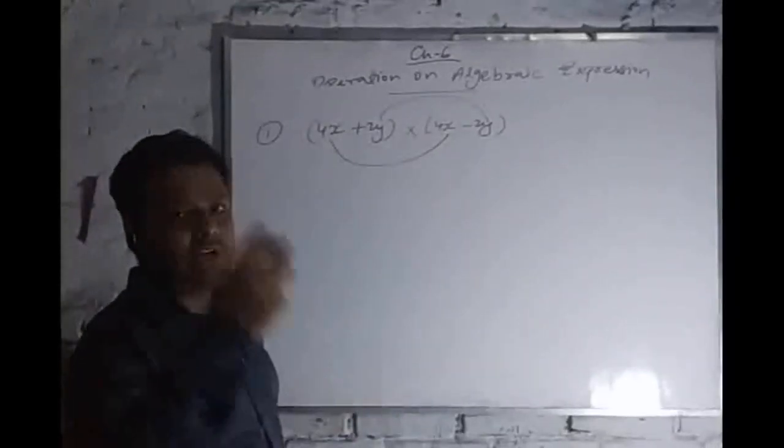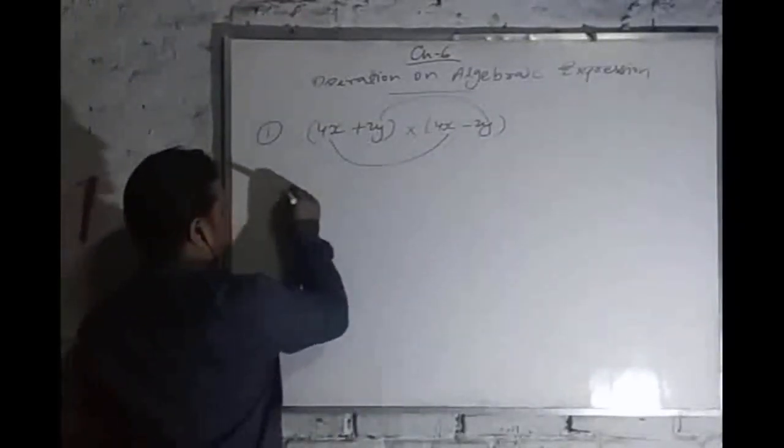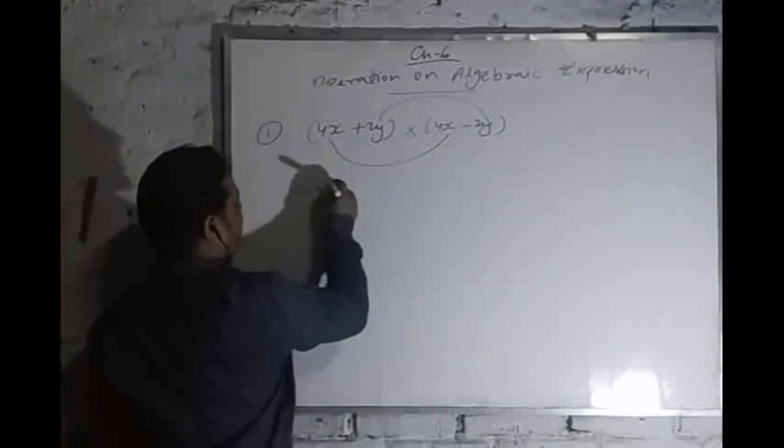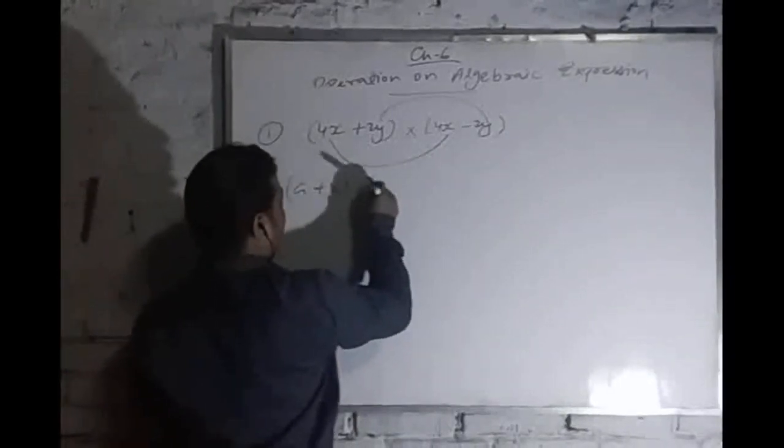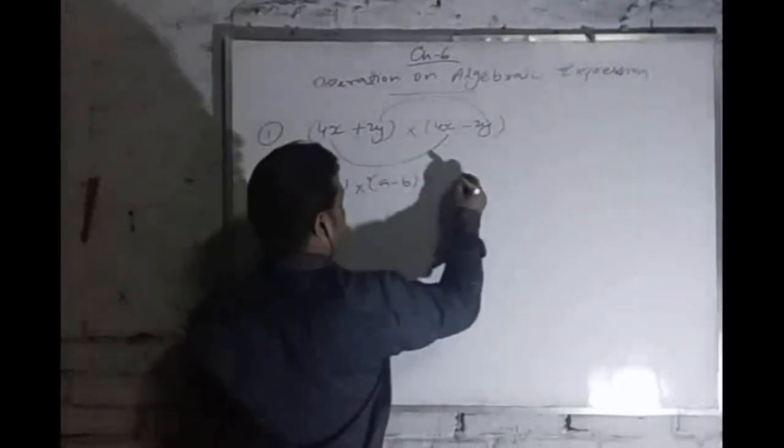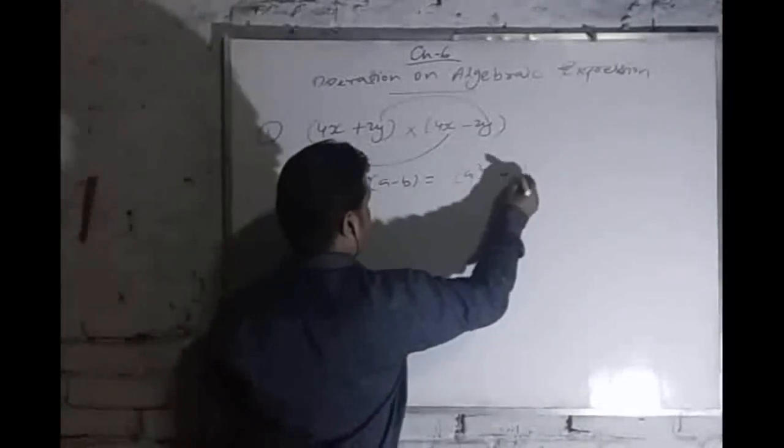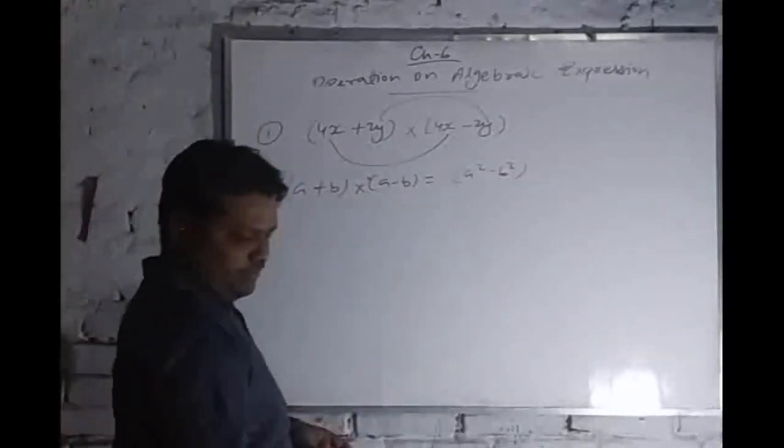That is, we will use the third identity, that is (a plus b)(a minus b) is equal to a square minus b square.